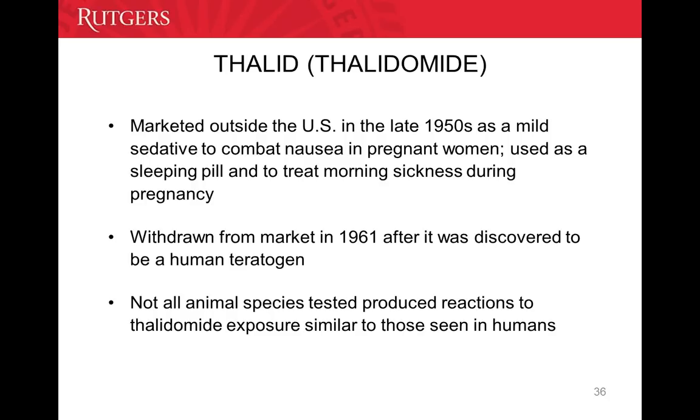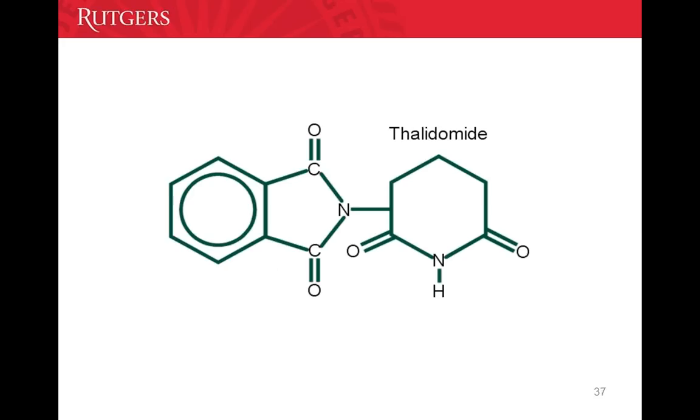It was withdrawn from the market in 1961 when it was discovered to be a human teratogen. We're going to talk about that term in a moment. What's interesting is that they tested a range of animal species, but they didn't necessarily test the animals that would react to thalidomide exposures with a model similar to the way that humans react to thalidomide exposures.